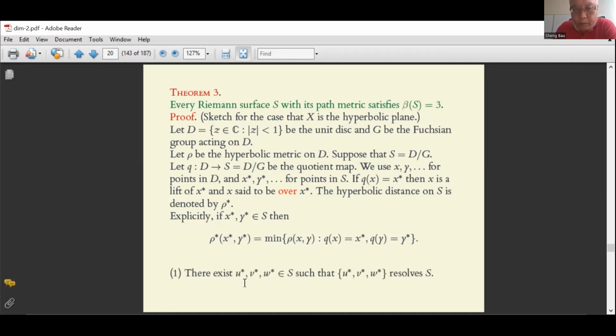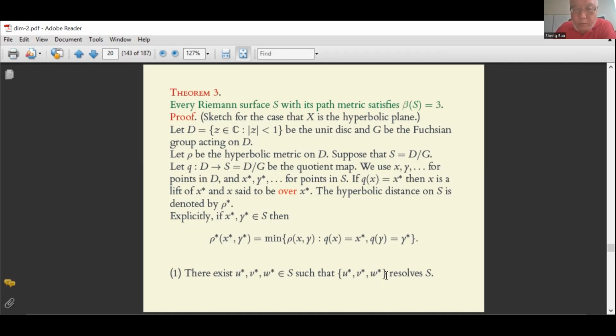Then we need to prove the following two items. The first item is that there exist 3 points on the Riemann surface which resolve the Riemann surface. So for a 3-point set, every 2 distinct points have a different distance to these 3; at least one distance is different.